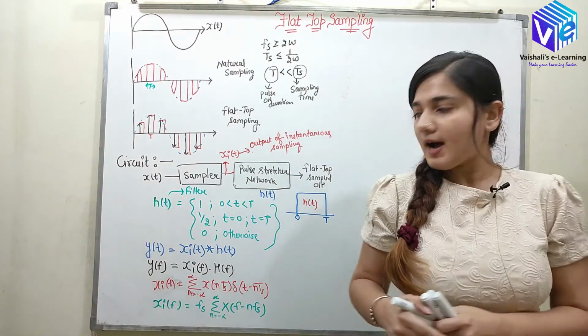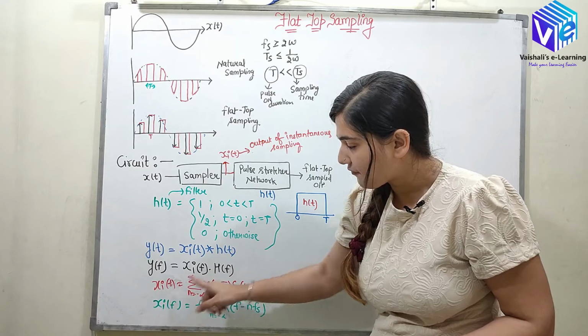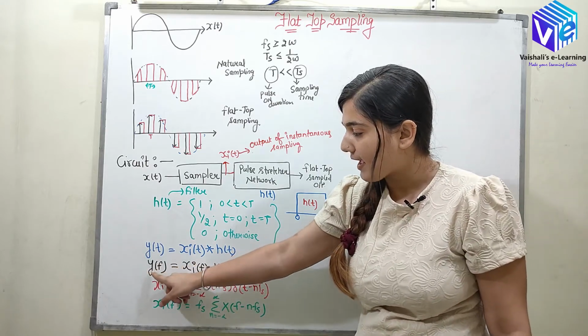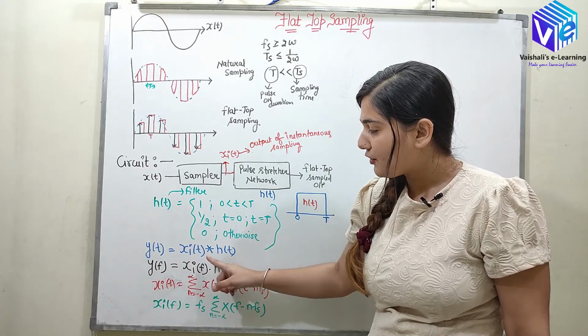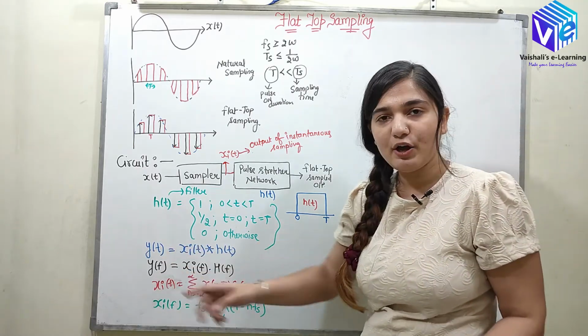So now I'll multiply xi of f with h of f to find out y of f, and I'll convolve xi of t with h of t to find out y of t.